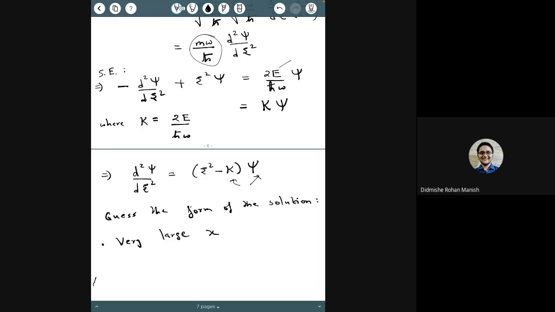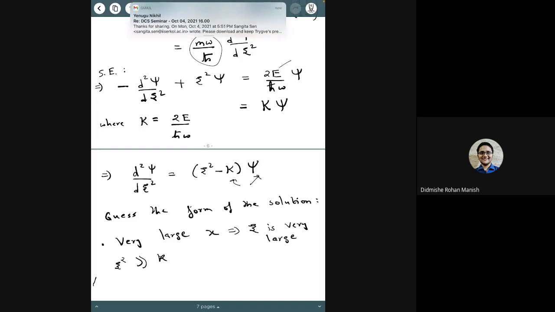So when x is very large, which means that xi is very large, in that case you can ignore k in relation to xi square. So xi square is very much greater than k.